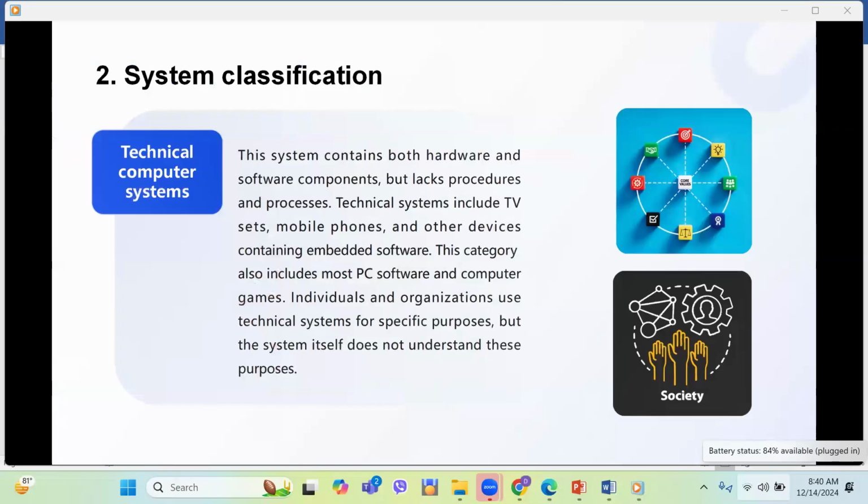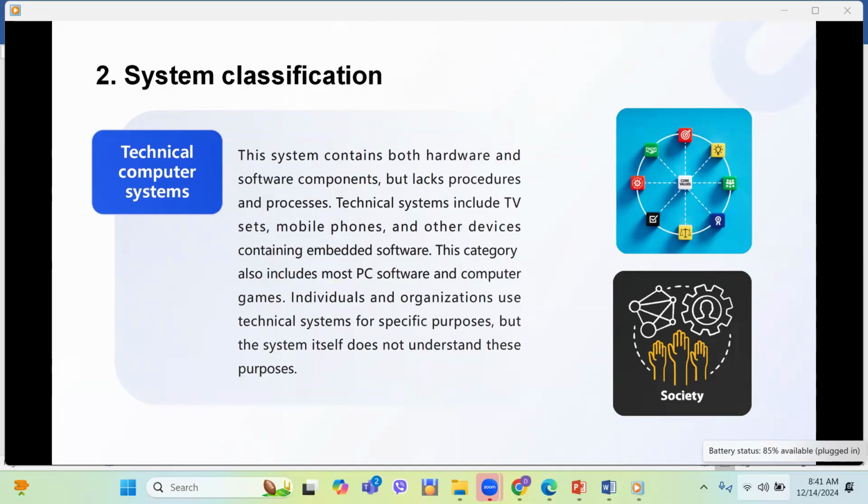Generally speaking, system classification is divided into technical computer systems and socio-technical systems. Technical computer systems: the system contains both hardware and software components but lacks procedures and processes.